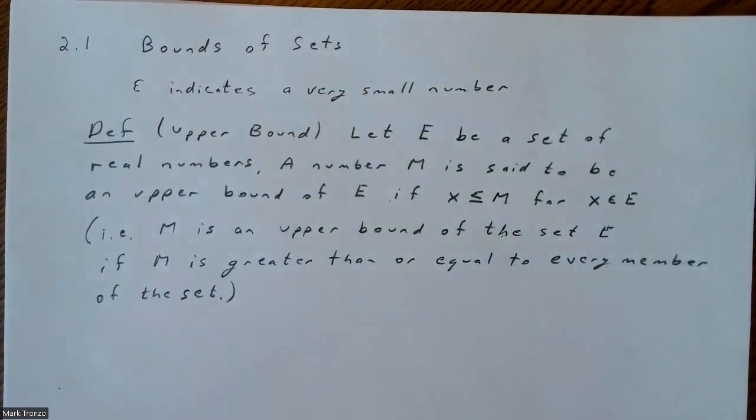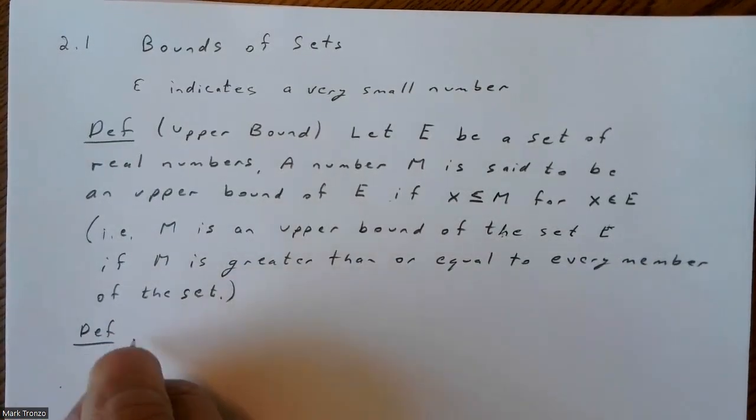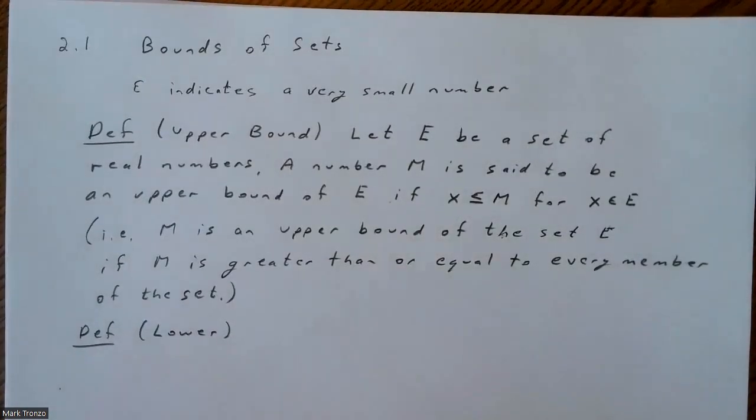It's an upper bound of the set if it's greater than or equal to every member of the set. And then a lower bound, you can guess, pretty much has the same definition, just things switched around a little bit.